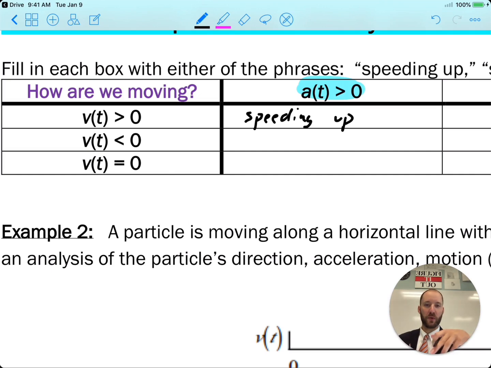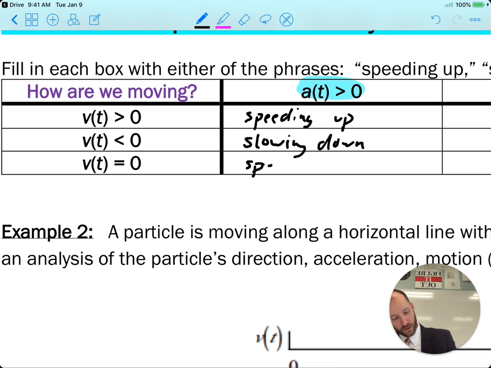If you're walking backwards, and someone's behind you pushing you forward, you would be slowing down, because there are opposite forces at work. One force going back, one force going forward. And then if your velocity is 0, but you have a positive acceleration acting upon you, you are speeding up.